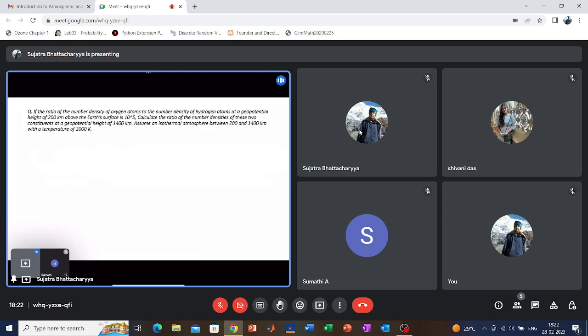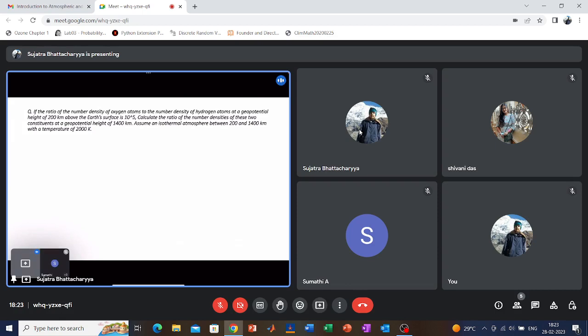This is an extremely important question because it's a long kind of question. So let's read it. If the ratio of the number density of oxygen atoms to the number density of hydrogen atoms at a geopotential height of 200 km above the Earth's surface is 10 to the power 5, calculate the ratio of the number densities of these two constituents, oxygen to hydrogen, at a geopotential height of 1400 kilometers.